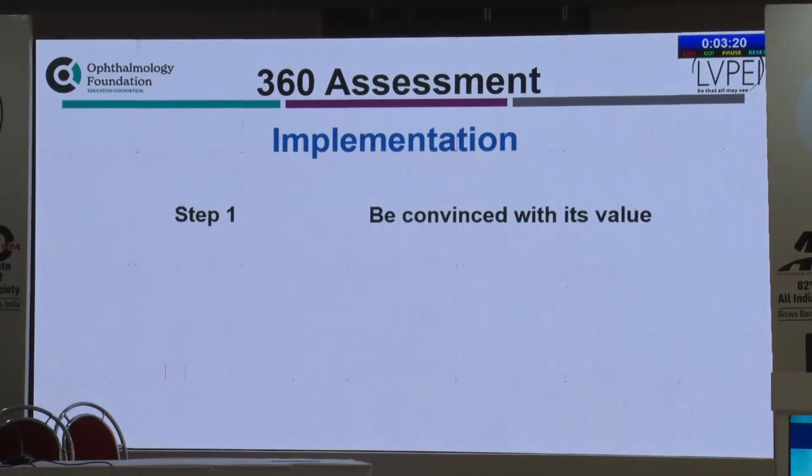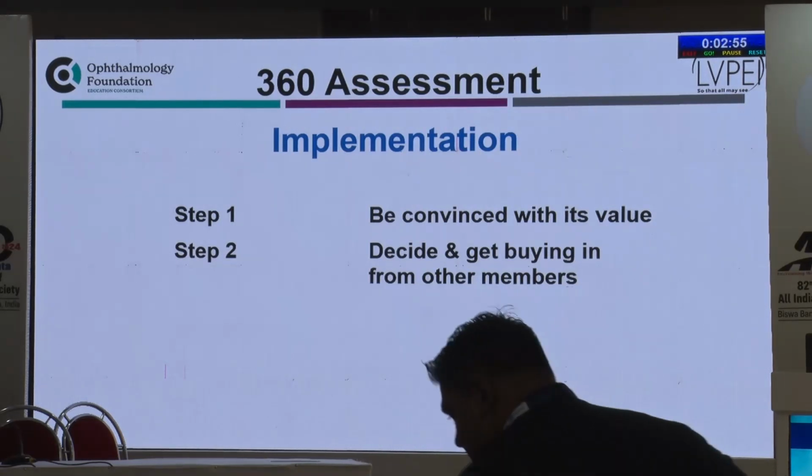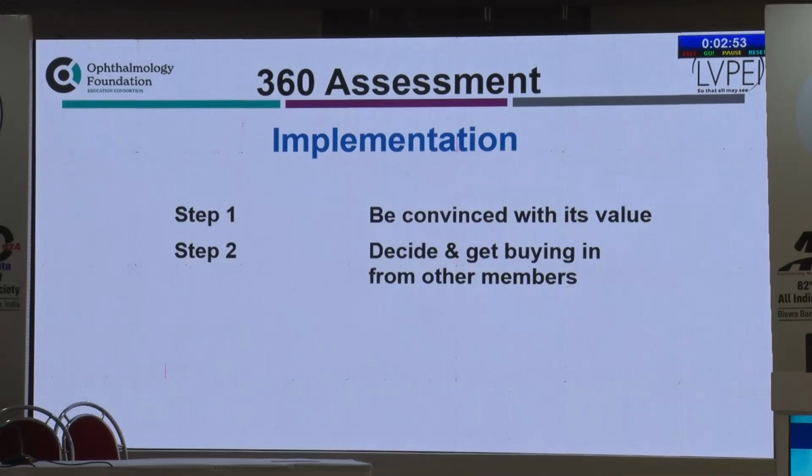Step 1 is, let us all be convinced that 360-degree assessment provides you a much wider overview of the trainee rather than their knowledge base alone. You need to decide and get buy-in from other members, because if they are not made part of that decision, they may do a shoddy job while they are providing you feedback on the performance of the training.